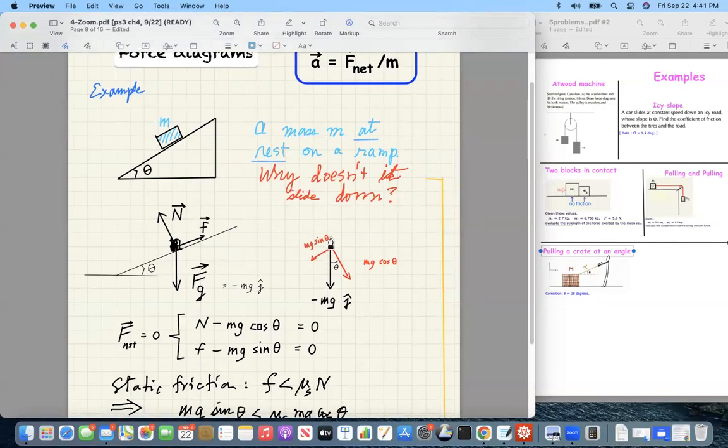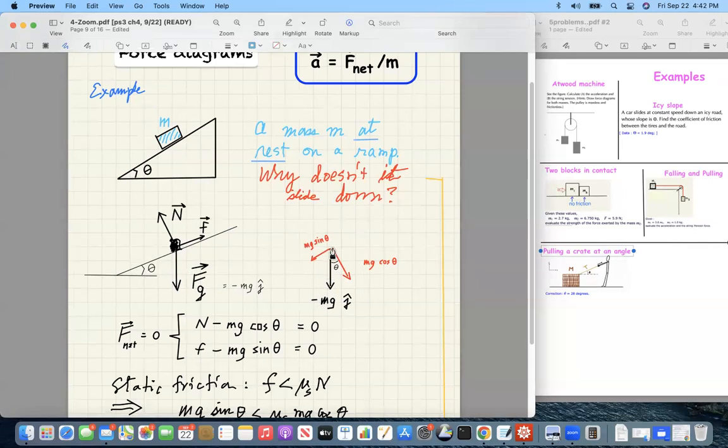So again, by a little bit of trigonometry, the length of the gravitational force is just the weight. The weight is the mass times the acceleration due to gravity, g, 9.81 meters per second squared. Well, for the component perpendicular to the surface, see this angle theta, which is the same as this angle theta by high school geometry.